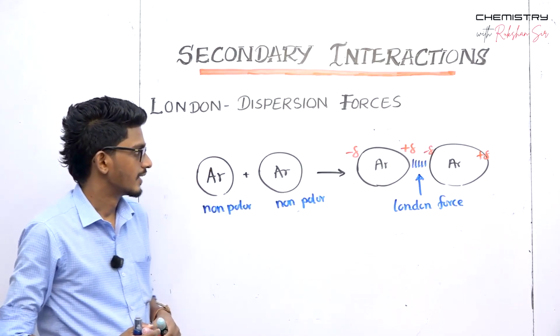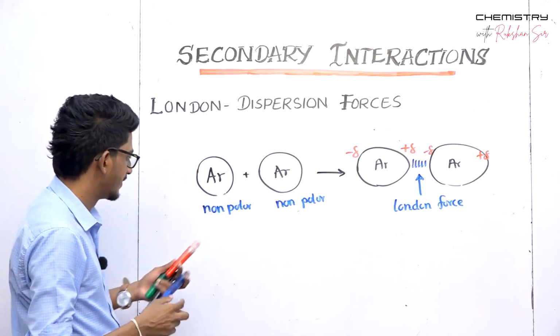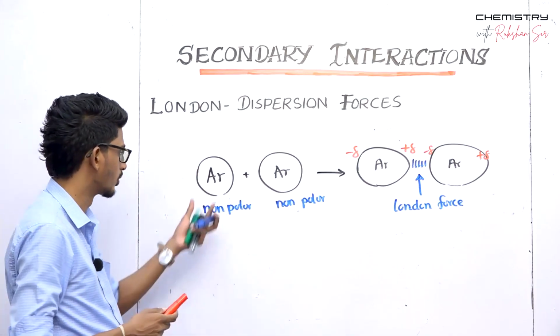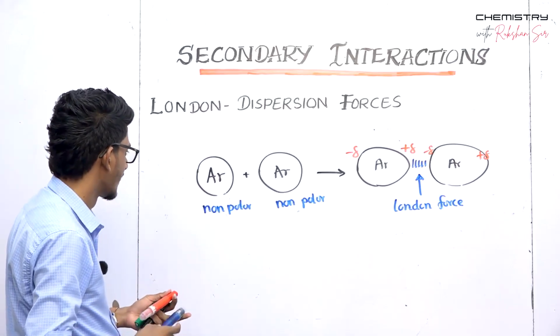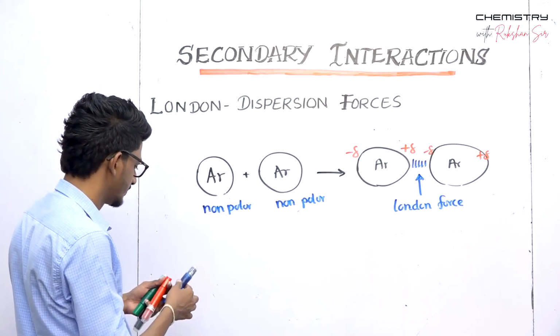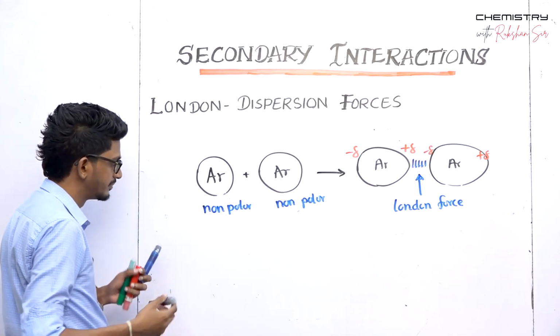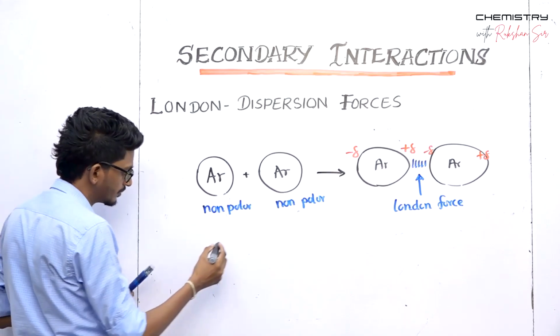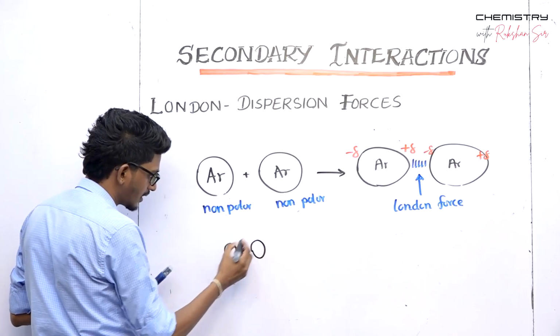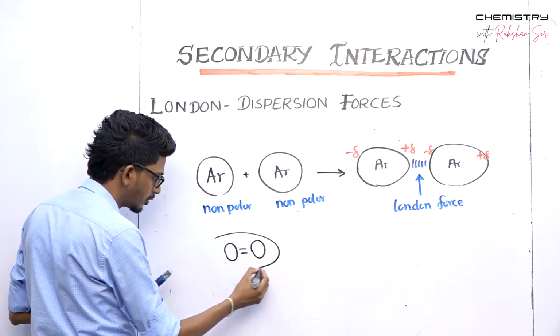Let's come up with some other examples. Not only atoms like this, but also molecules like O2. If you think of the O2 molecule, it has a symmetric electron density.